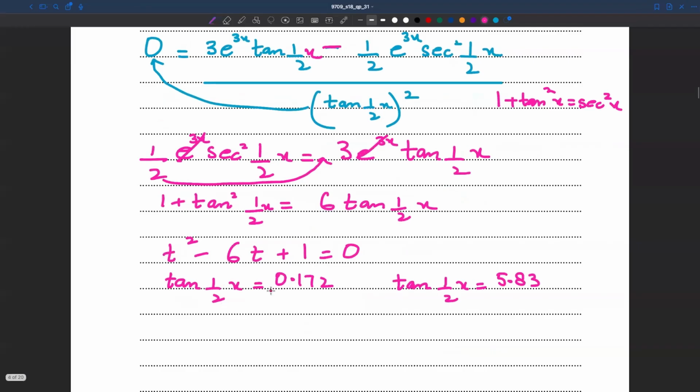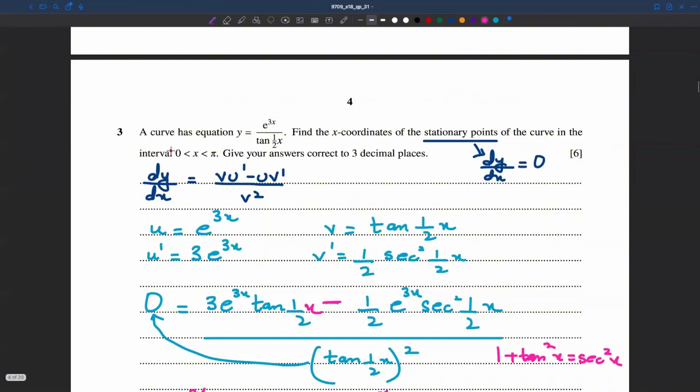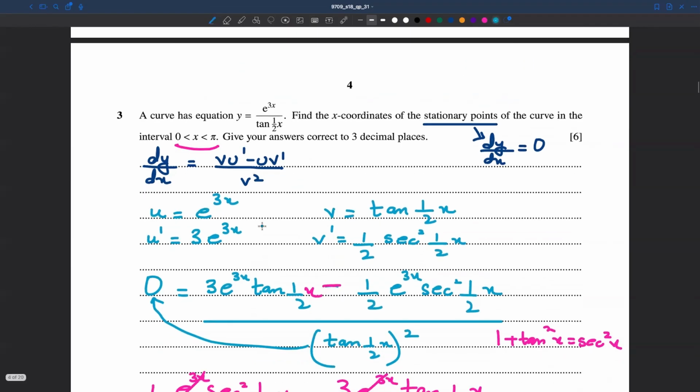Okay, so we have tan half x as 0.172 and tan half x as 5.83. We have to solve between 0 and pi, in radians.